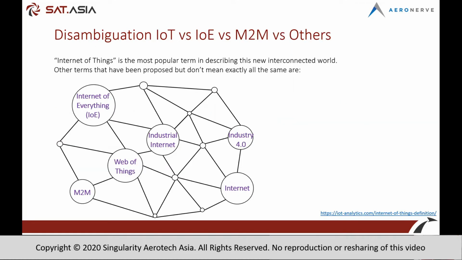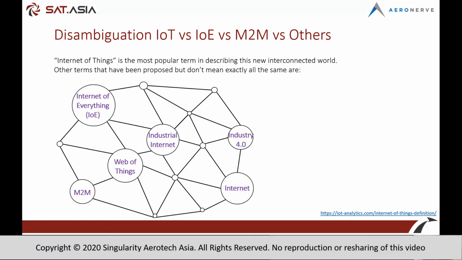Okay, let's talk about other terms that are similar but not the same. When we talk about people in industry, people are talking about Internet of Everything, for example. There's also industrial internet or industrial Internet of Things. There's also a term like Web of Things, M2M or machine-to-machine communication, Industry 4.0.